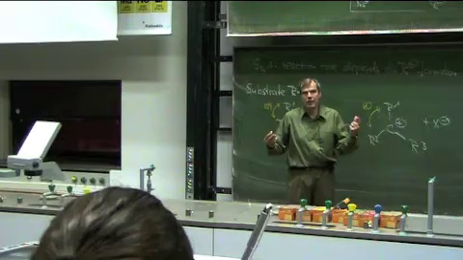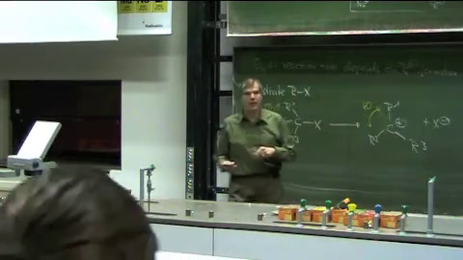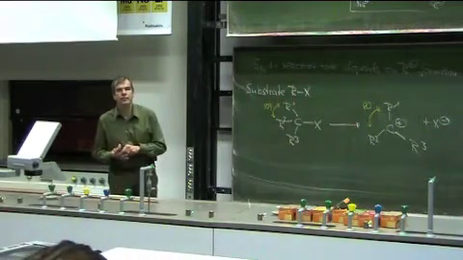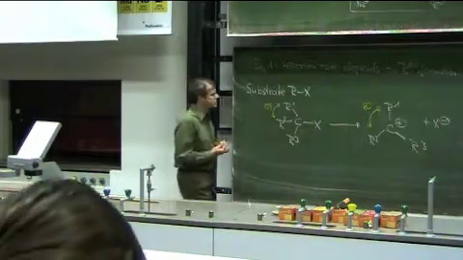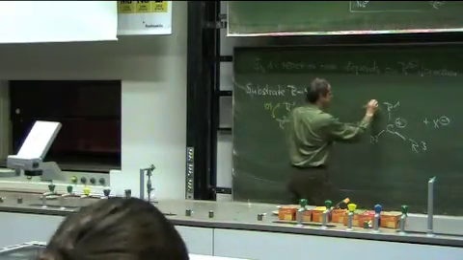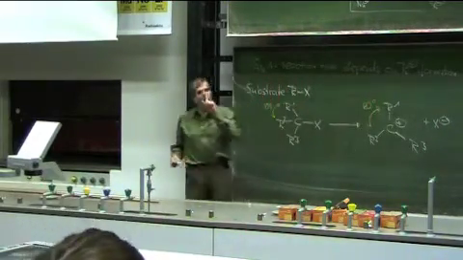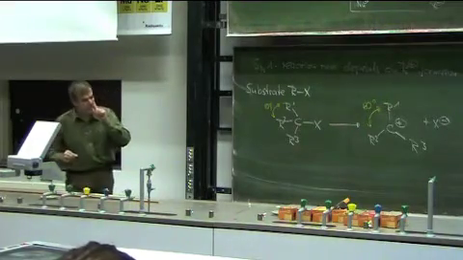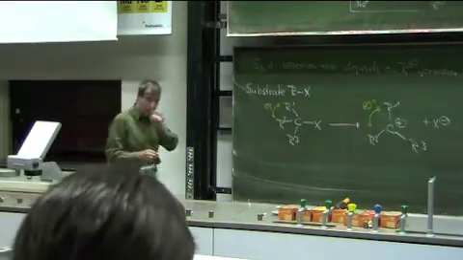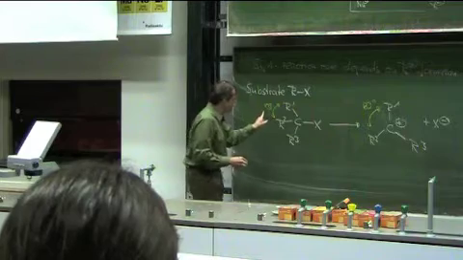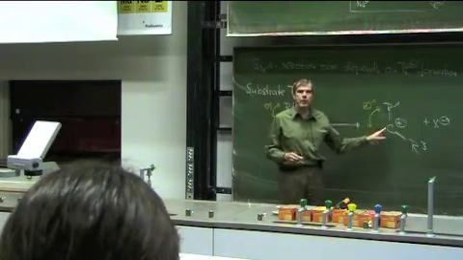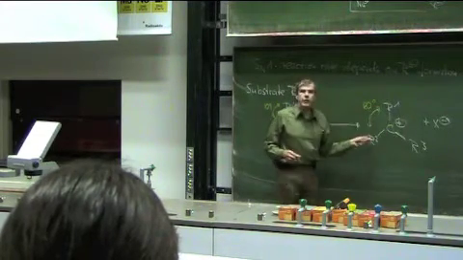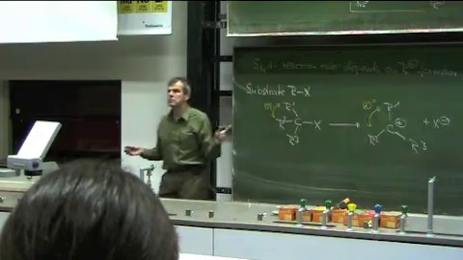If the other groups around the atom are bigger, it is harder for the leaving group to get back to the carbocation. Well, careful here. It's a very good argument, what he said. He said this should actually go better, because obviously you have more room.